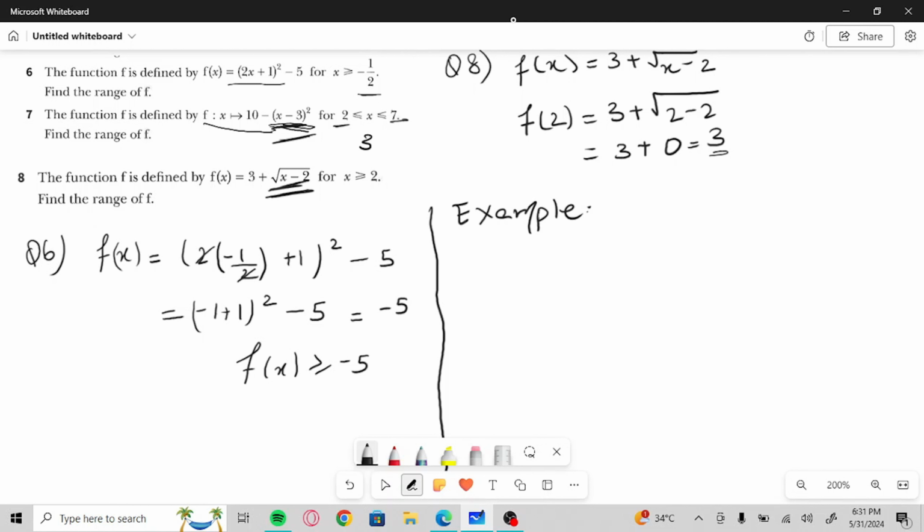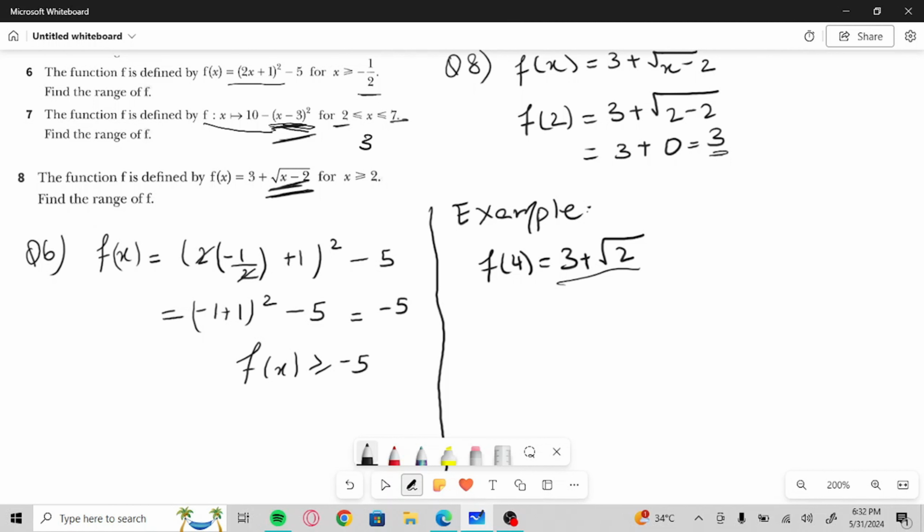If we input any value other than 2, say f(4) is equal to 3 plus the square root of (4 minus 2), which is the square root of 2. So 3 plus the square root of 2 is greater than 3.